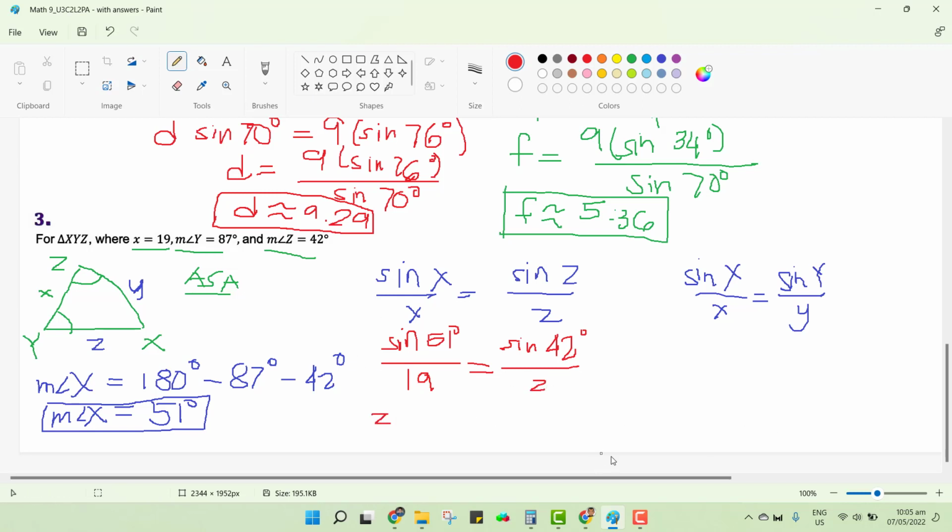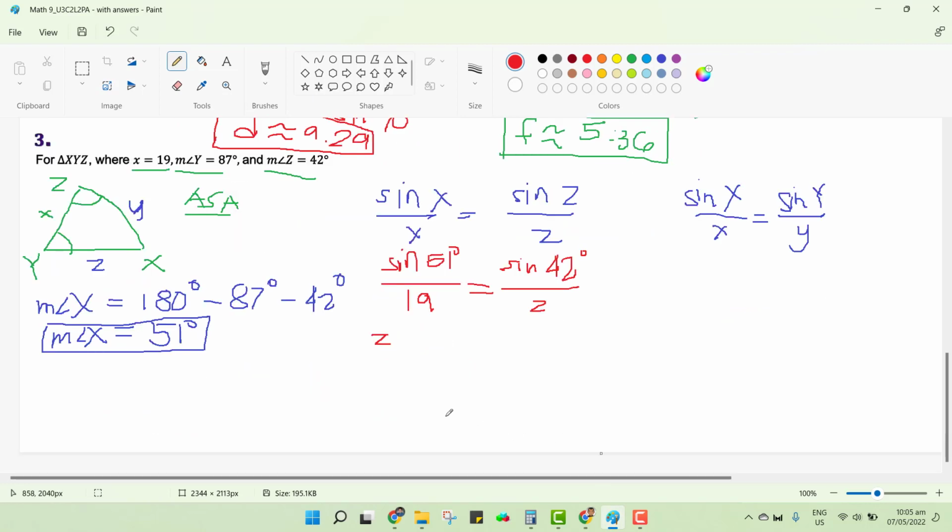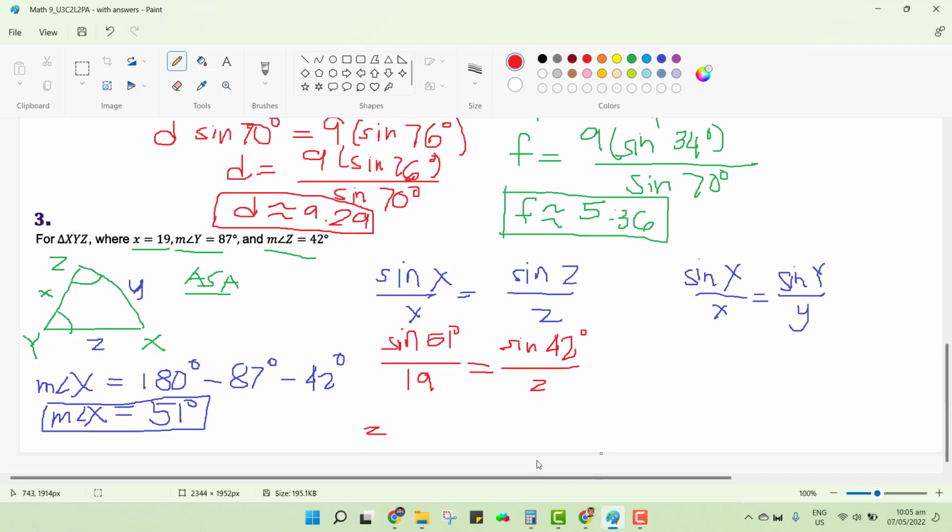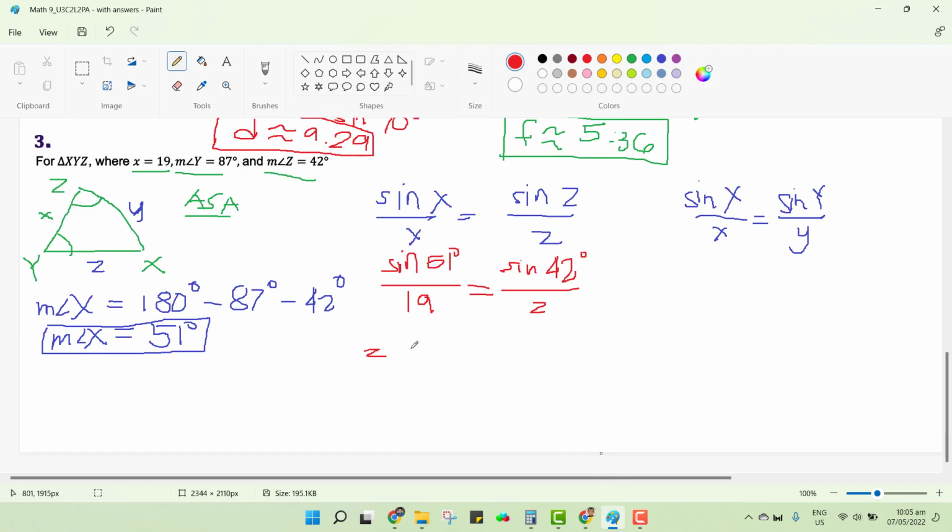You could have a result here, which is z, pardon, let me increase here. Z is 19 times sine 42 degrees all over sine 51 degrees.